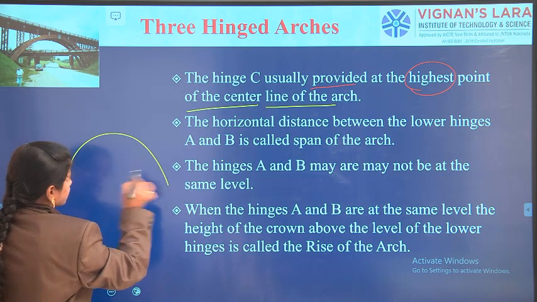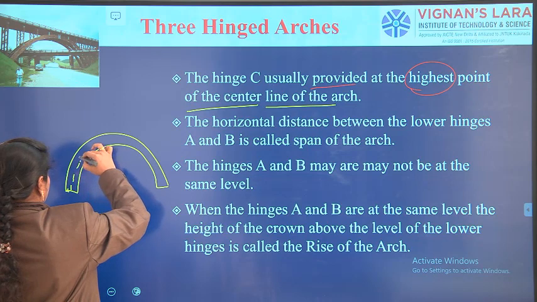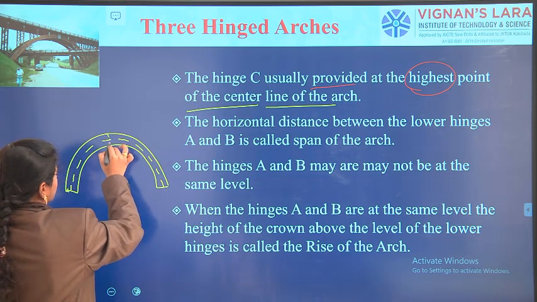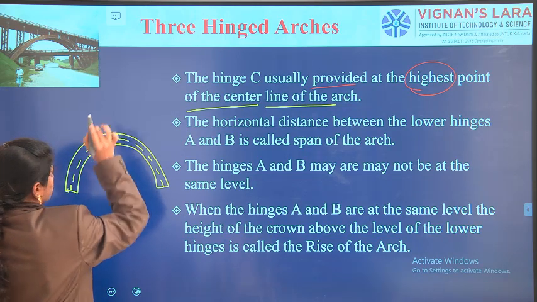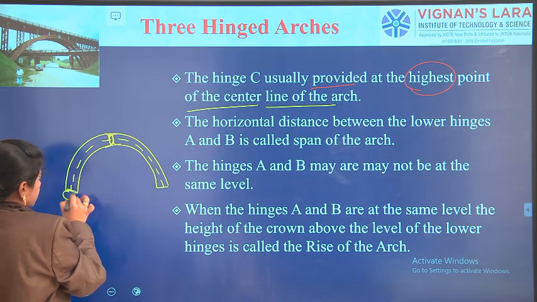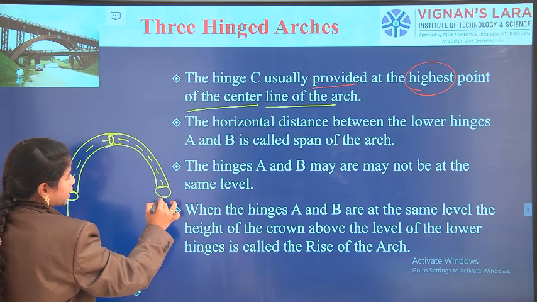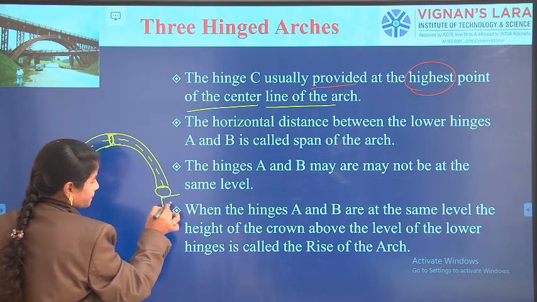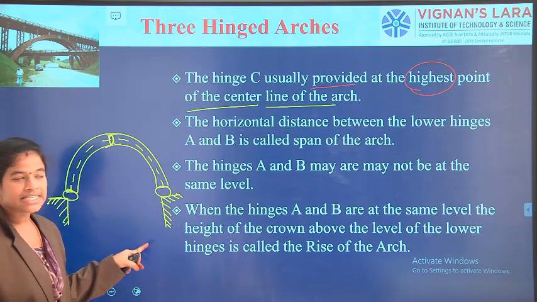Simply, here we are having an arch, and that is the third hinge. Here the support hinges are located on a fixed abutment or support. Right? So, this is our structure.